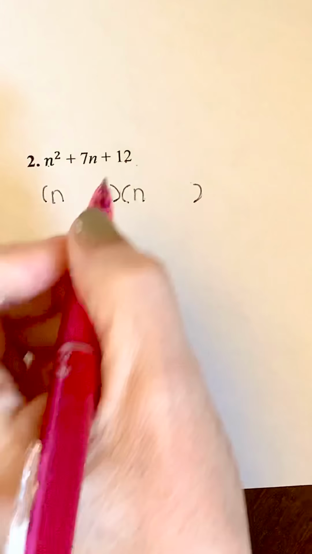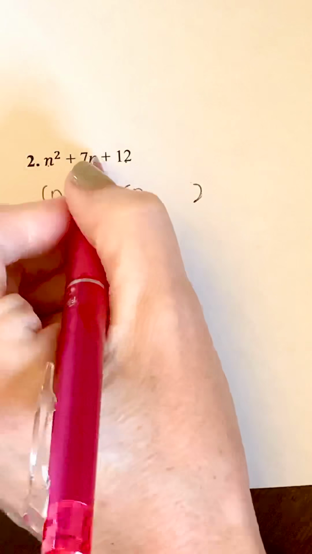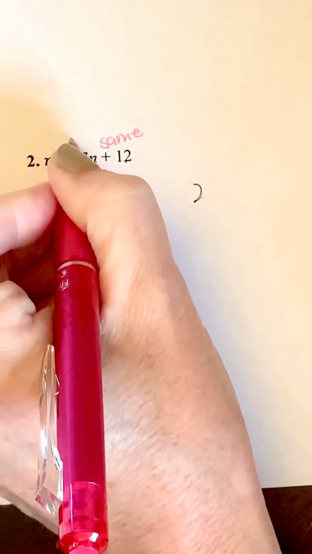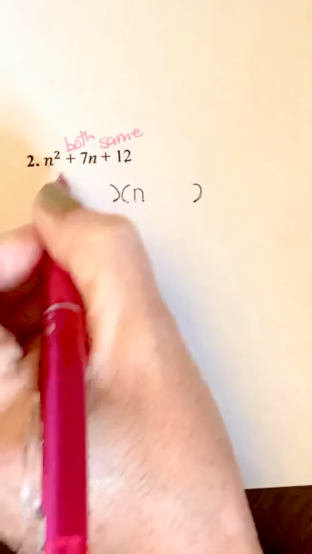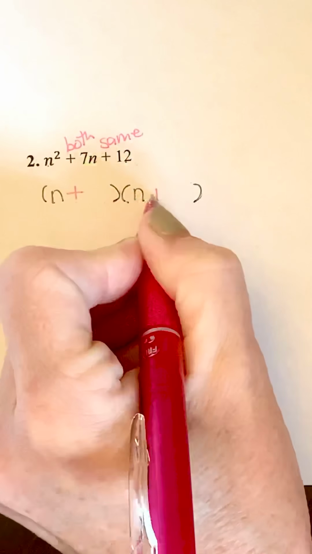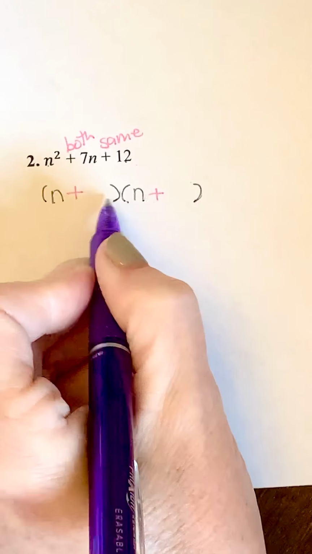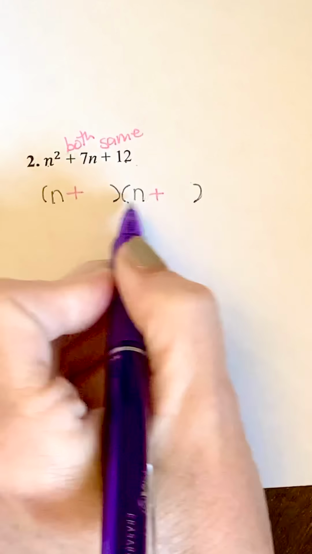Now step 2 is to figure out the sign of each binomial. This tells me the signs are going to be the same. This tells me they will both be positive. So I'm going to put a plus for each one. Now the numbers that go in the last spot of each binomial are multiplied to give me 12. So I'm going to look at the factor pairs of 12.